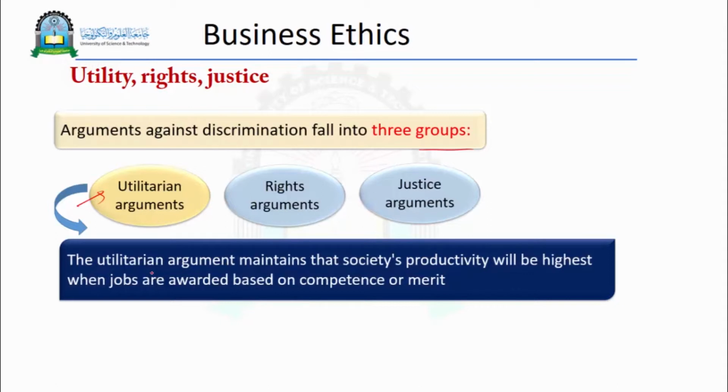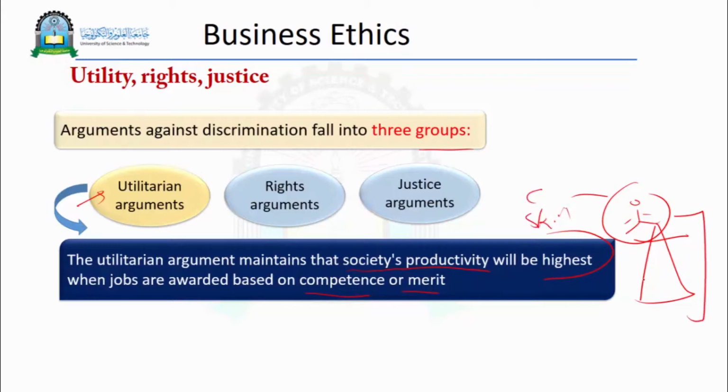The utilitarian argument maintains that the society's productivity will be highest when jobs are awarded based on competence or merit, not otherwise. For example, if the top management in a company is actually hired based on competencies and skills, the overall productivity of the company will be higher and the whole society will benefit.